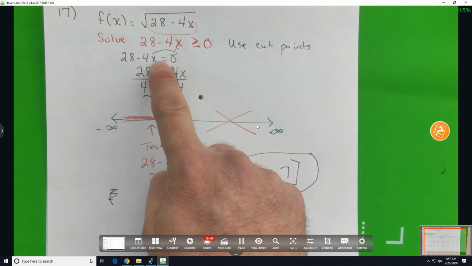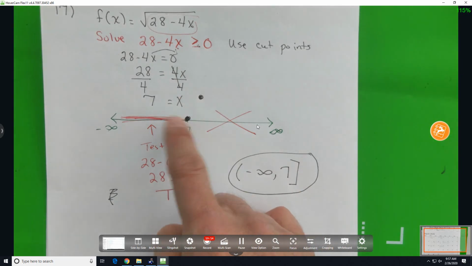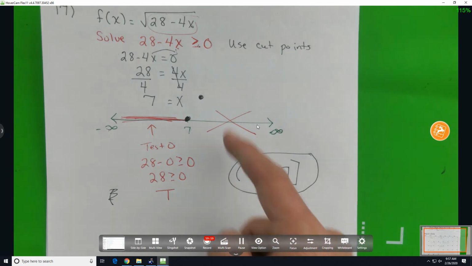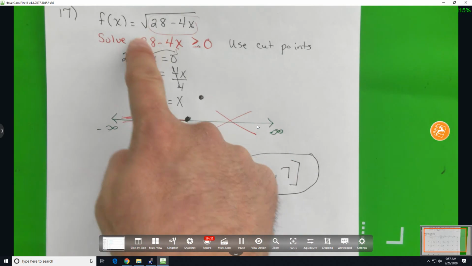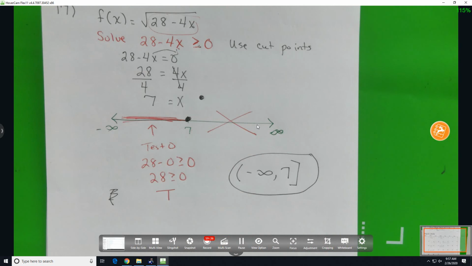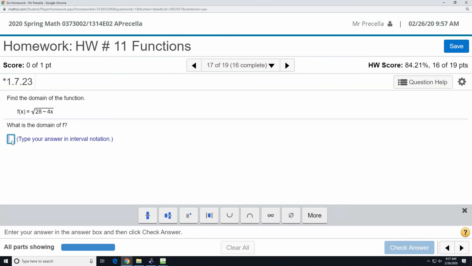So you solve it with an equal sign, put a closed circle, and test one of the intervals. If you want to test both of them, fine. But when I test, I'm testing the statement that has the greater than or equal to. Okay. Now we'll compare that in a moment. Let me punch this one in. We'll compare it in a moment with parentheses negative infinity comma 7 bracket.